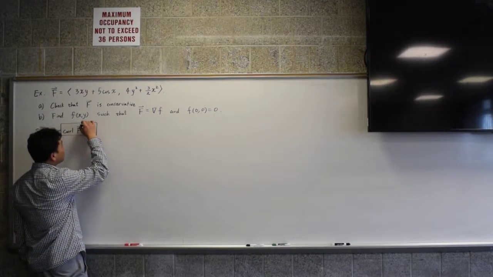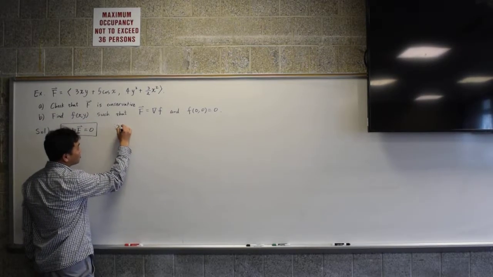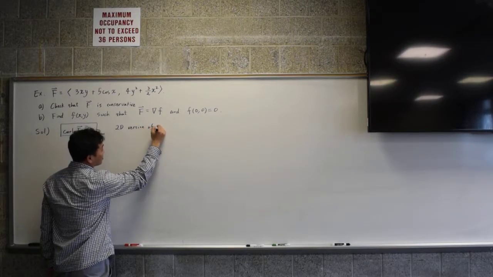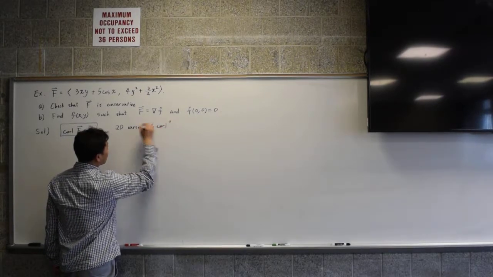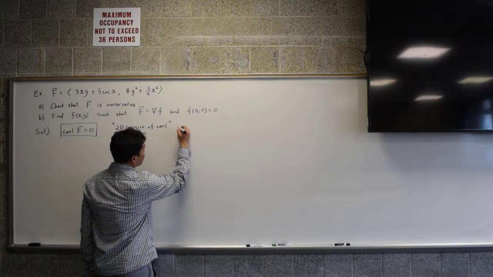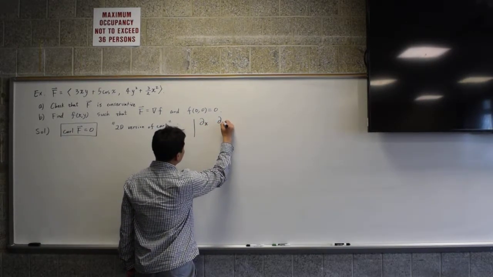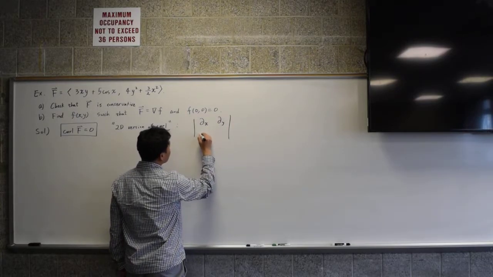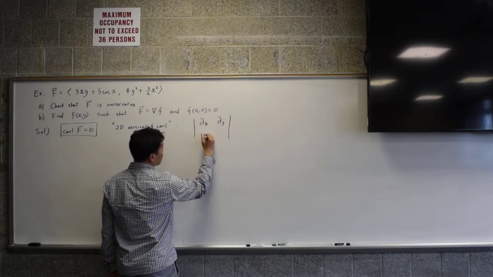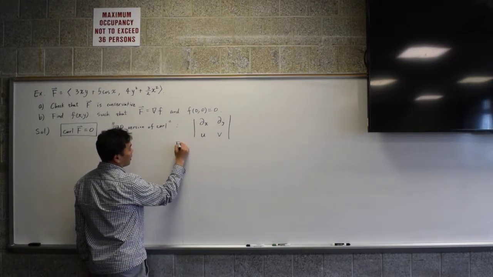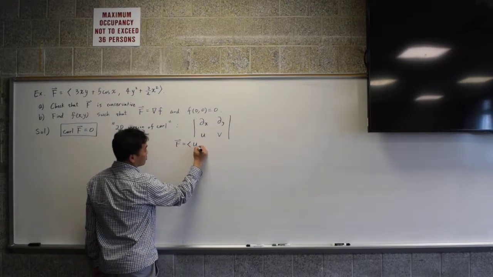So our 2-dimensional version of curl is the following. You do partial with respect to x, partial with respect to y, and then you put u, v, where your F is really (u, v).